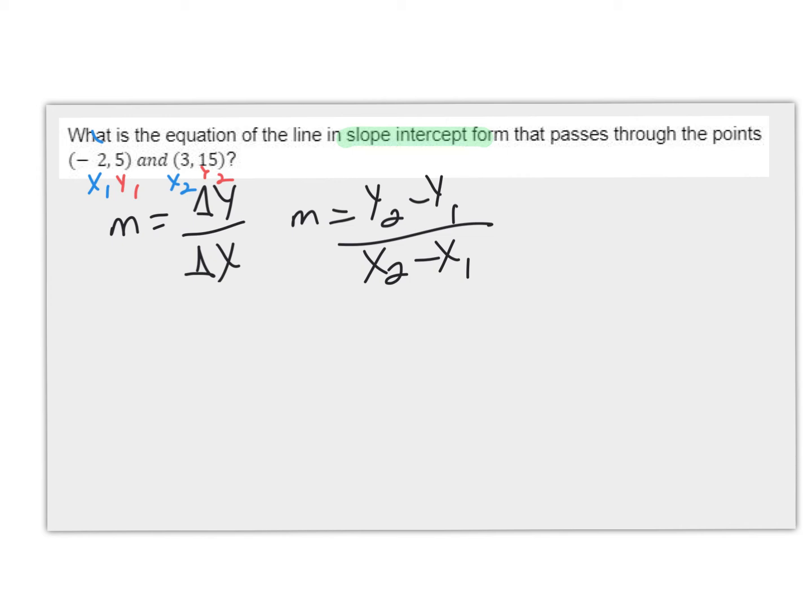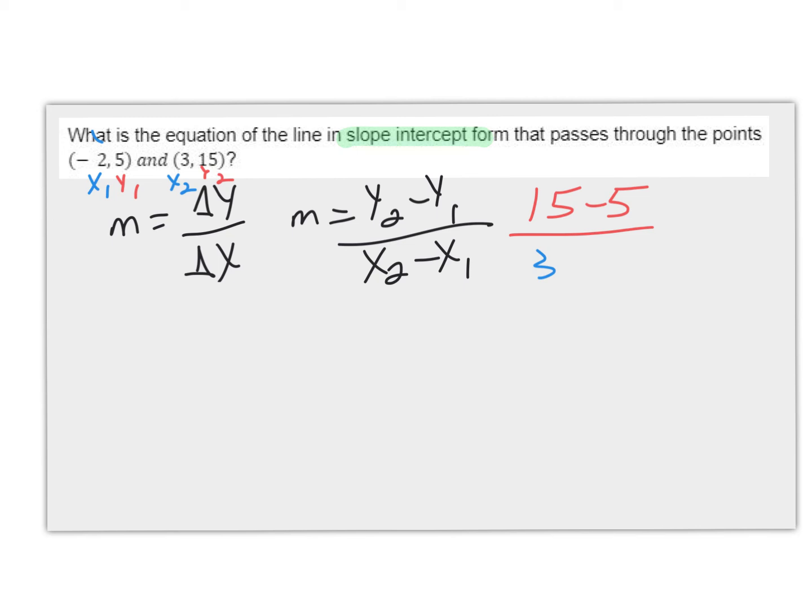Okay. So our y's, we're going to have 15 minus 5. This is a review, but it's y2 minus y1, so 15 minus 5 over, and now we have x2 minus x1. Now that's going to be 3 minus negative 2.